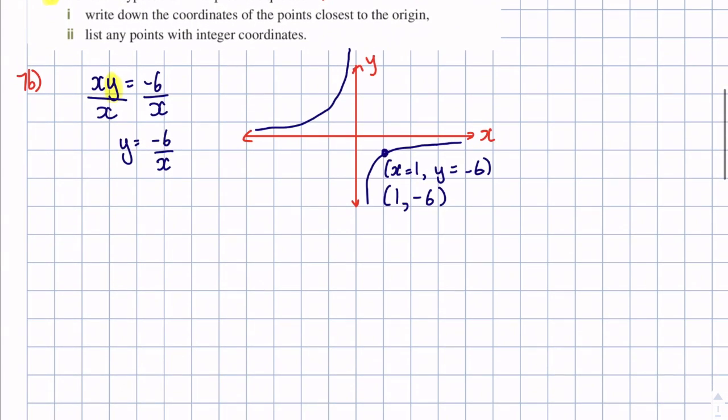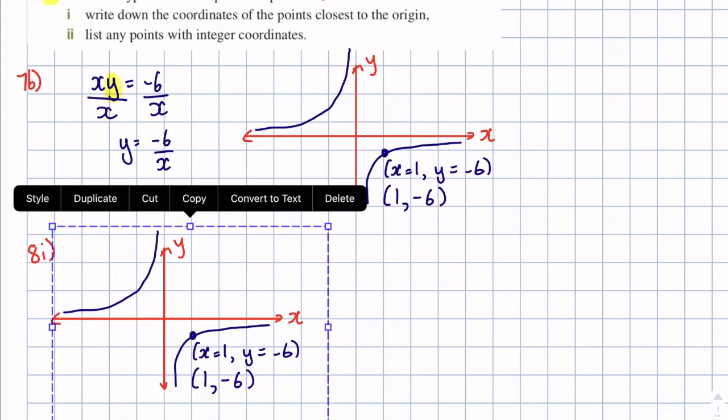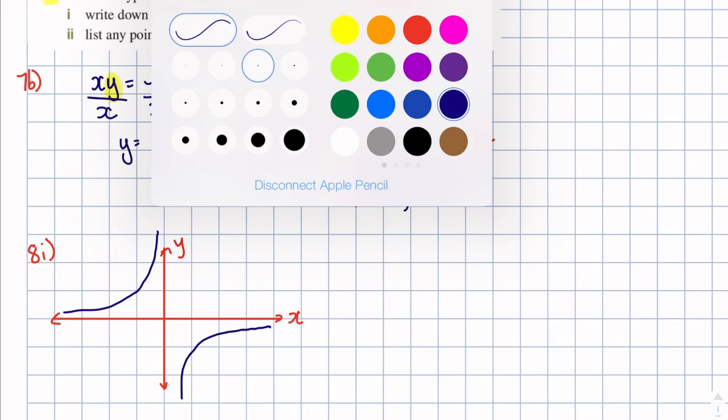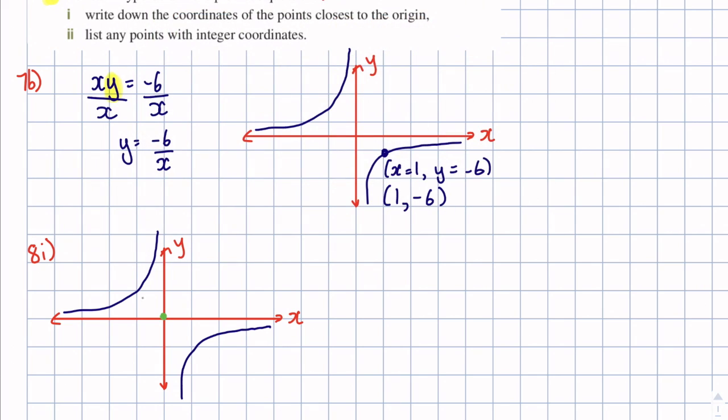Okay, for question 8, which is a really tricky question, they've said write down the coordinates of the points closest to the origin. Now, what I'm going to do is copy this. And if I'd drawn it correctly, you would have been able to see that the points closest to the origin are these ones directly here, because the origin is this point here.